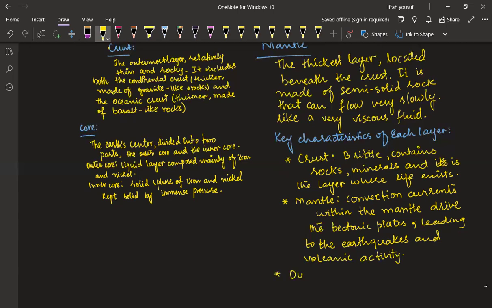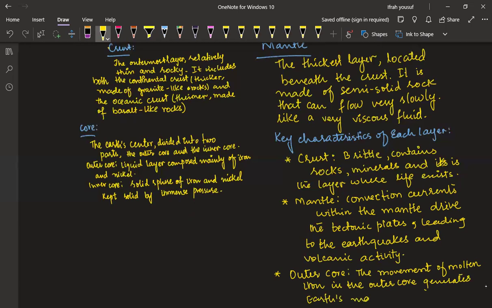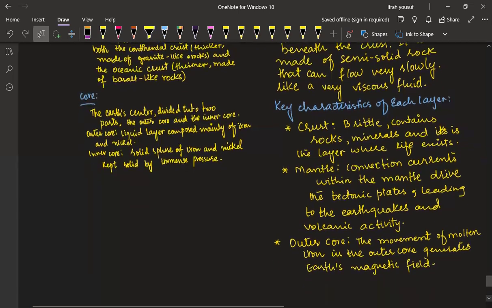Then we talk about outer core. The movement of molten iron in the outer core generates Earth's magnetic field, right?